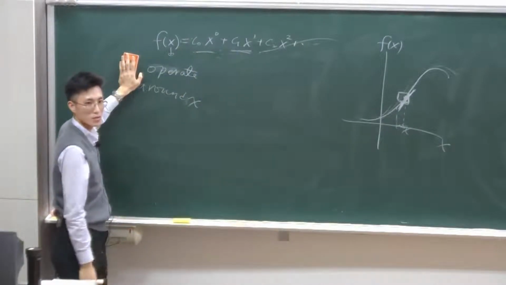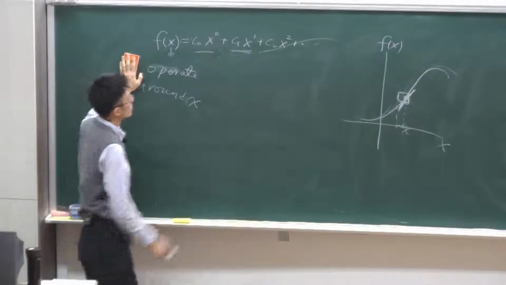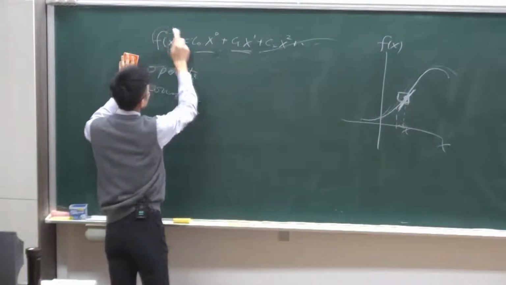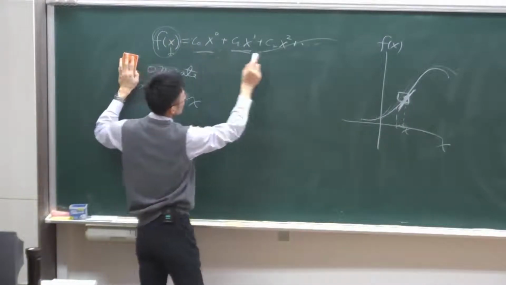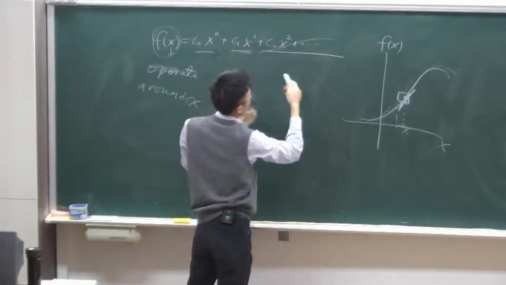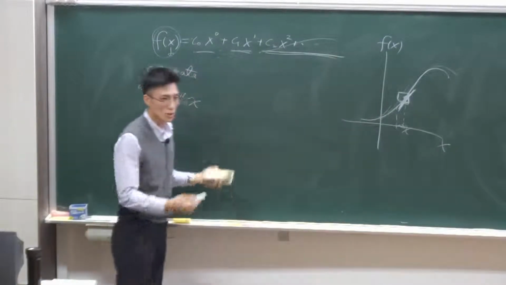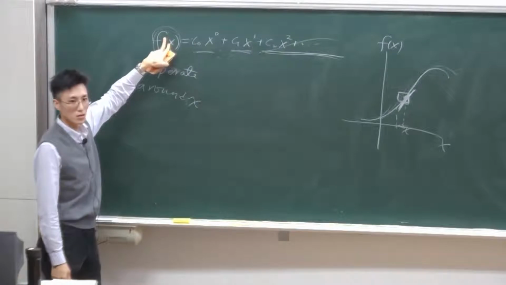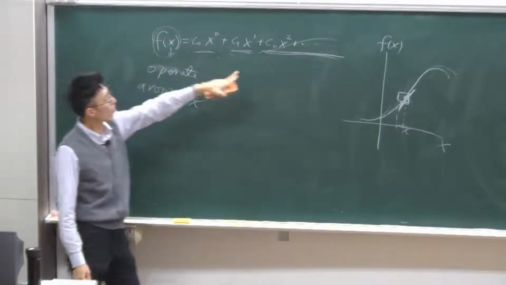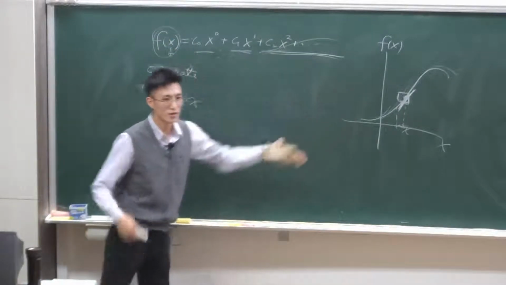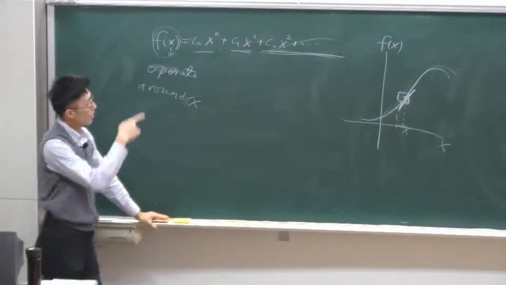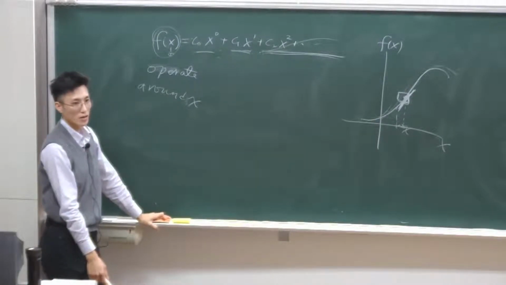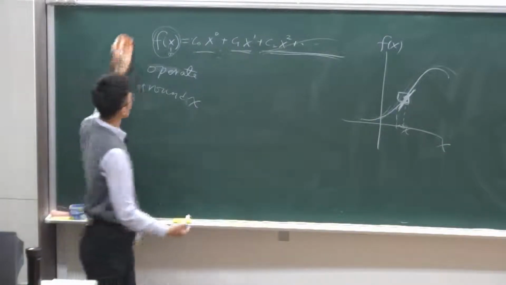That doesn't happen. This is a nonlinear function, so if you don't negate the higher order terms, you can approximate nonlinear functions. If you only keep the high order terms, because they are nonlinear. Okay?